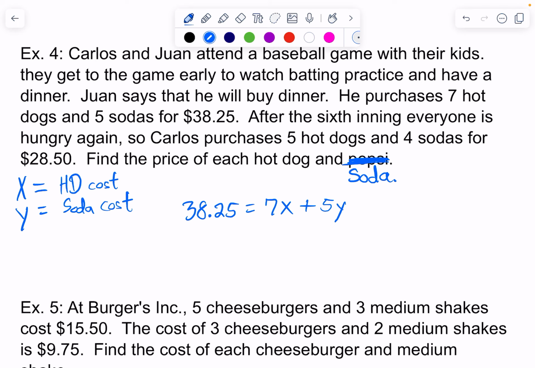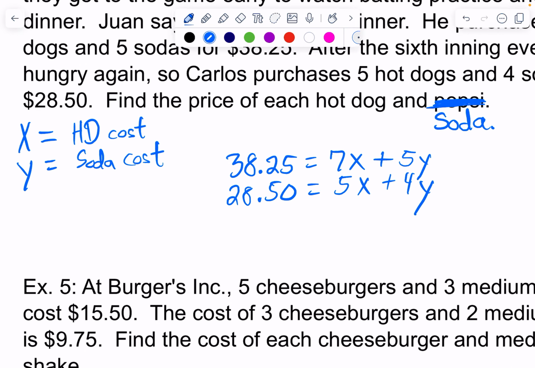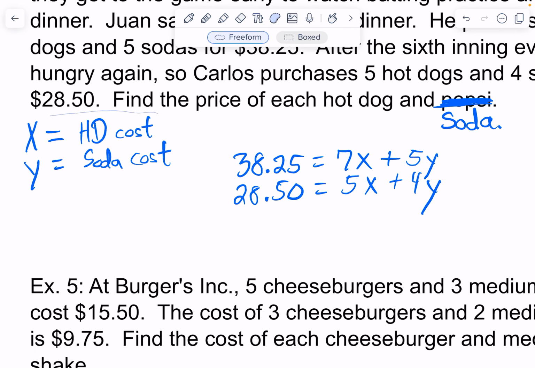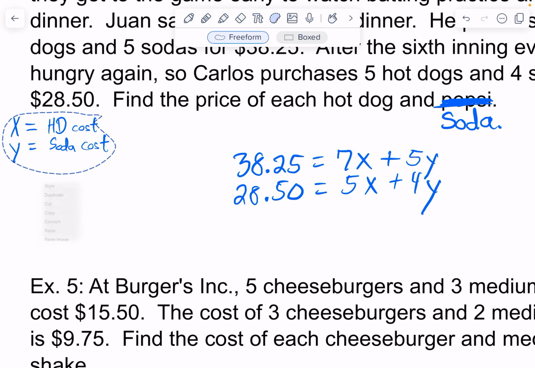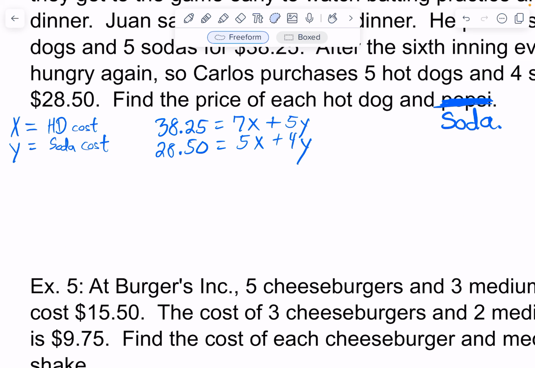And then Carlos paid $28.50 for 5X hot dogs and 4Y sodas. Okay, let's give us some space here. Let me move this over here.